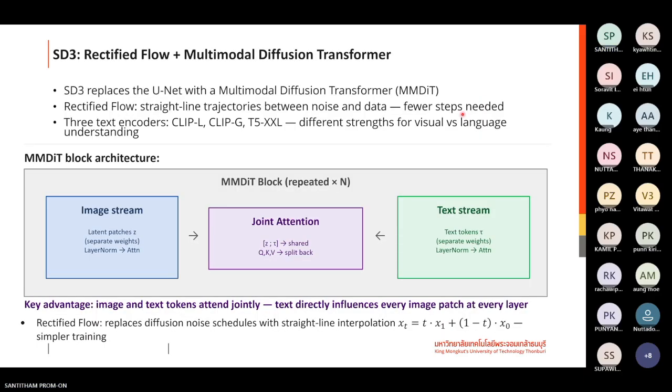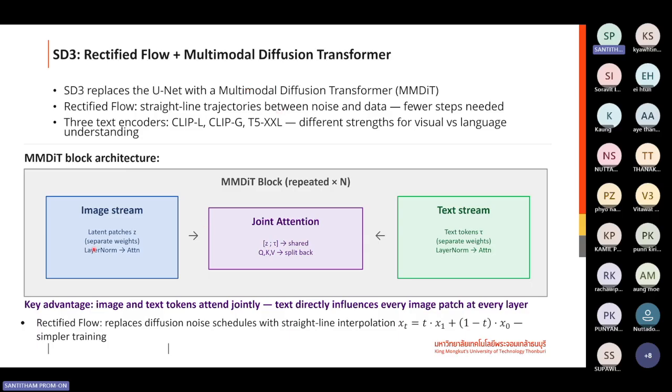All right. Further, SDXL has the multimodal capability. This is not SDXL, sorry. This is SD3, Stable Diffusion 3. It has rectified flow and multimodal diffusion transformer, MMDiT. It has 3 text encoders, and the idea here is to allow the model to be multimodal.